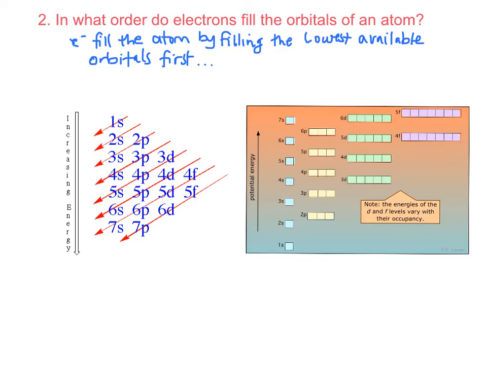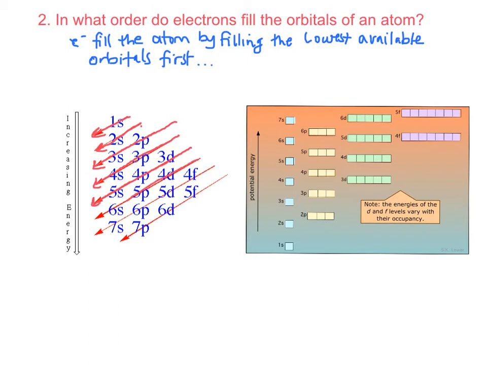So we've got a little image here that shows you the order that they fill. The arrows show you that the electrons will fill the 1s orbital, and then once that's filled, they'll fill the 2s orbital, and then once that is filled up, they'll fill the 2p, and then the 3s, and then the 3p fills up, and then the 4s, and then the 3d, and the 4p, and then the 5s.